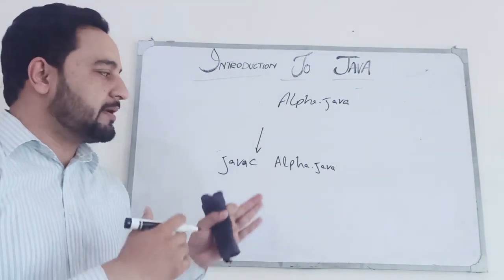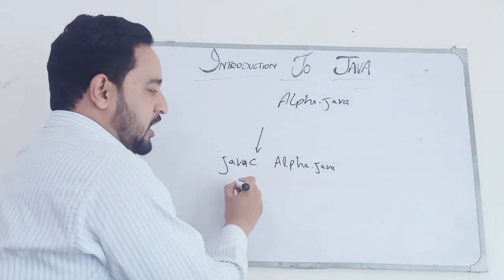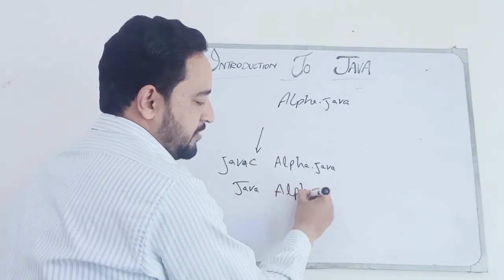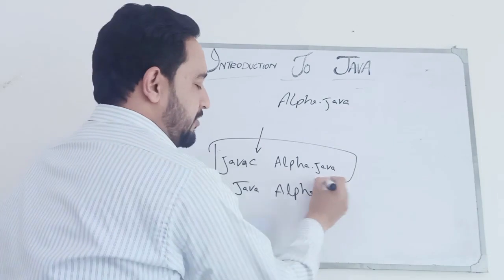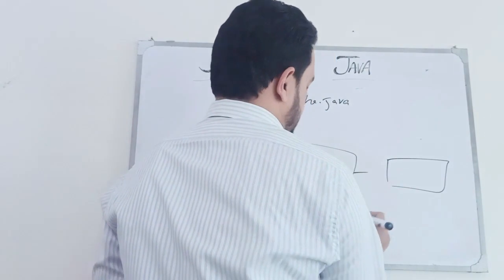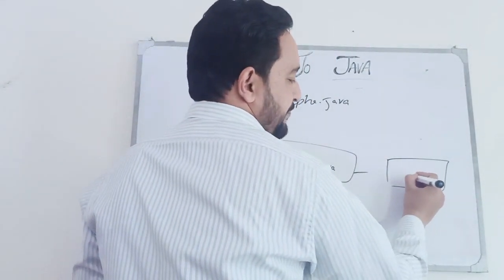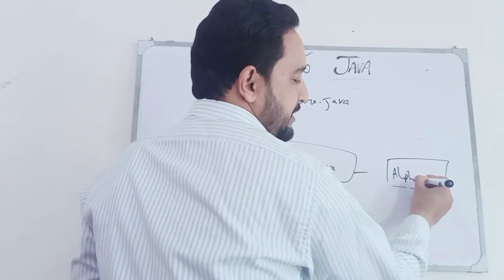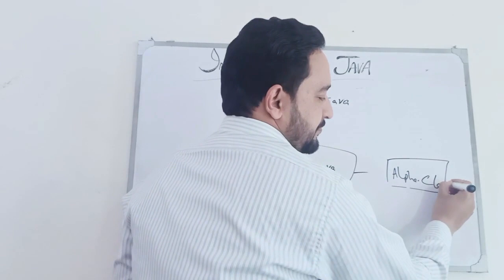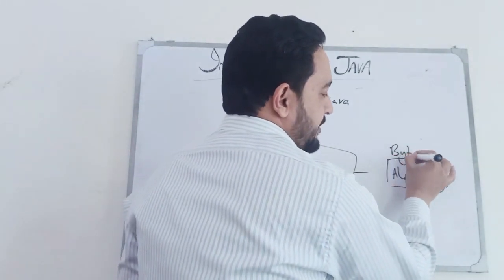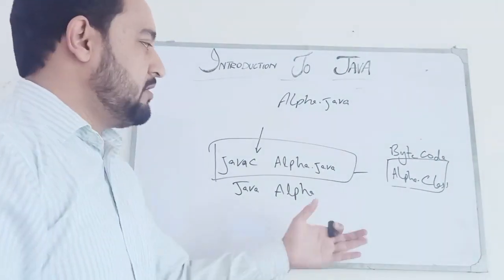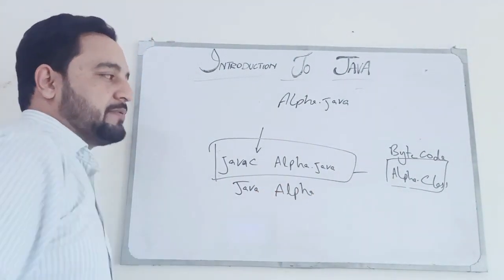If there are no errors, it will be compiled, and after compilation we will write java Alpha to run our program. When we compile our program, it will convert the Java file to a .class file. It will create Alpha.class, which can be seen in the folder where the file is saved. This is called bytecode. It can be run anywhere with the simple command prompt or with the Java interpreter.